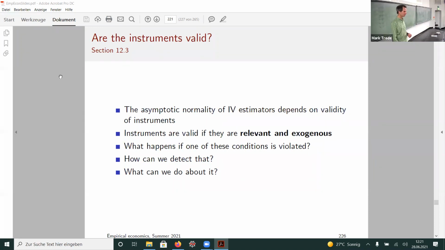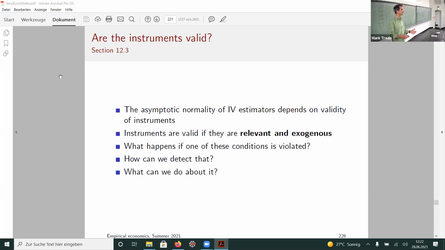I've just been talking about why we actually need to distinguish between these two kinds of validity: the relevance and the exogeneity. All right. So what happens if any of these conditions is violated? That's the first question we need to think about. Do we still get valid statistical inference? And then also we need to answer the question, how can we detect if there's a problem?